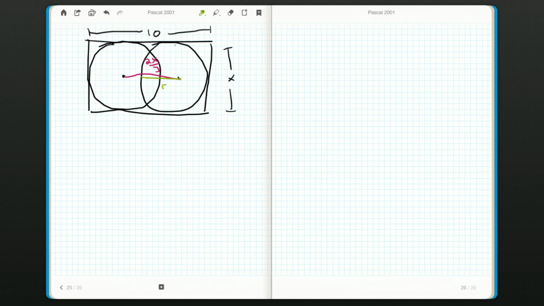But adding in this radius has made me think, well, I could add in a radius here and a radius here. And together they're going to form a diameter of the circle. But since it touches both sides of the rectangle, I know that x is the diameter of the circle.